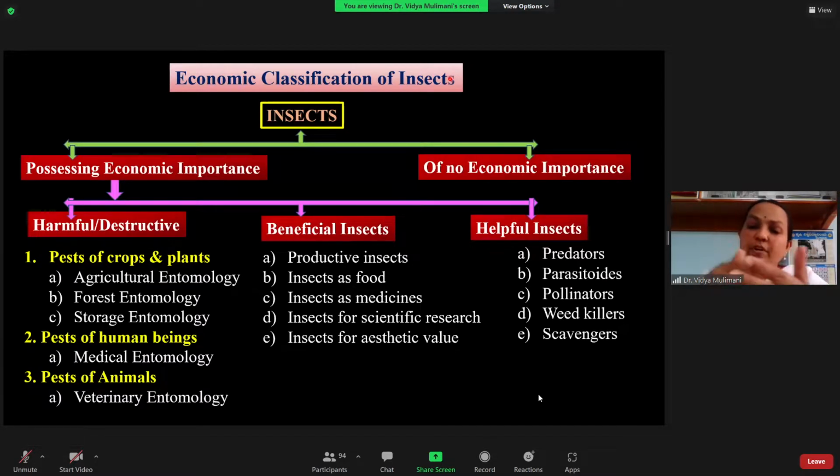We can also extract it artificially by giving a shock treatment; the bees release the venom that we collect, just like insulin, and you can take it as an injection. But more stings are dangerous. You might have heard of deaths from attacks by honeybees, especially the rock bee.